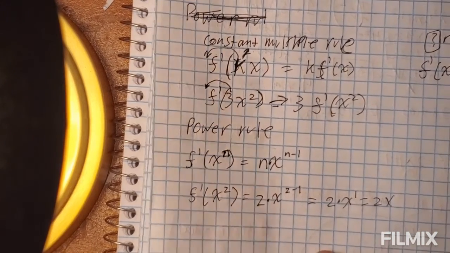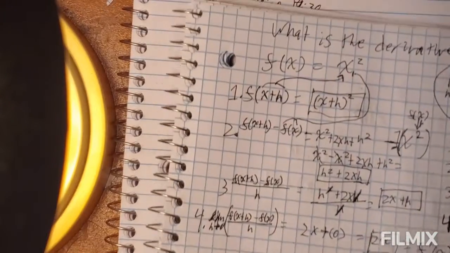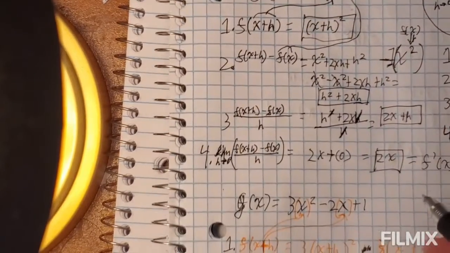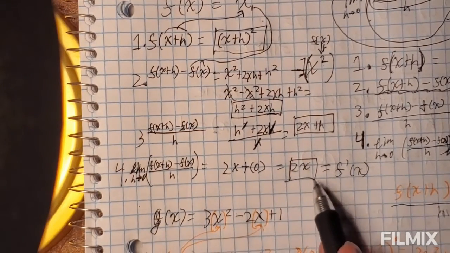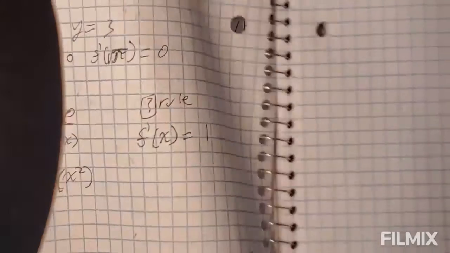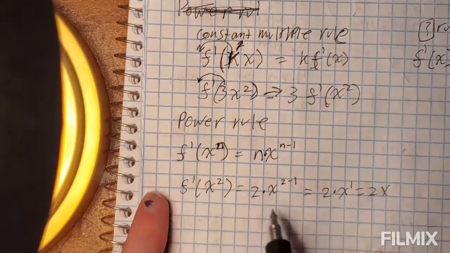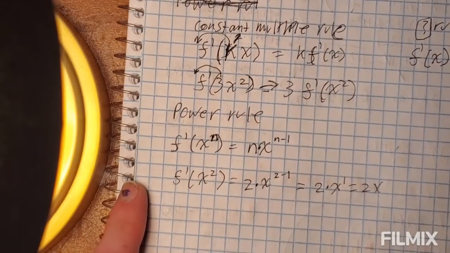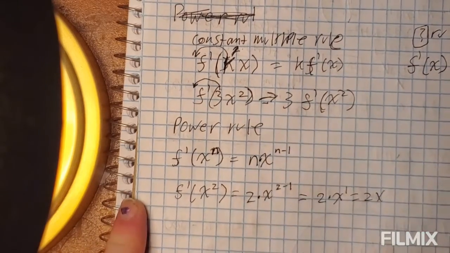We did that in one of my previous videos, this whole long process. Look at all that big process, and we got down to 2x. Here, instead of using that big 4-step process, I did it in less than a minute. So this is powerful. Power rule.